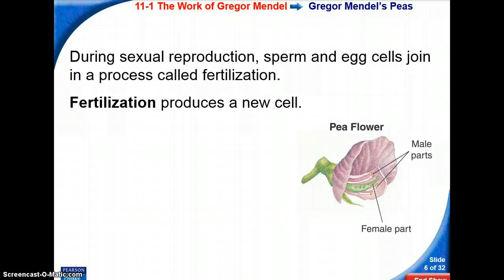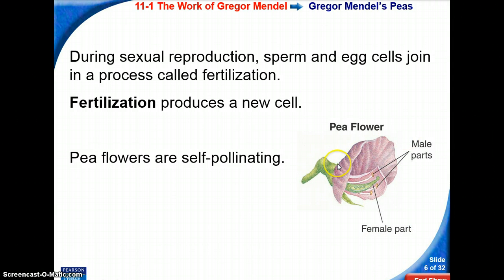So we've already talked about how cells come from existing cells, and this is during fertilization this happens. So the sperm cells and the egg cells come together, and they form a new cell during fertilization.